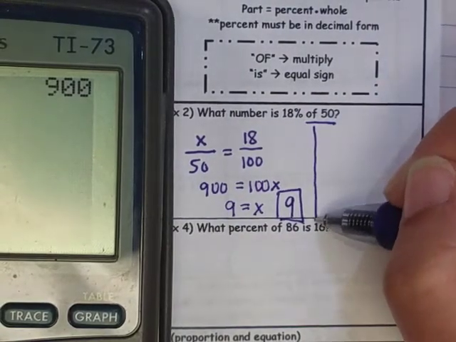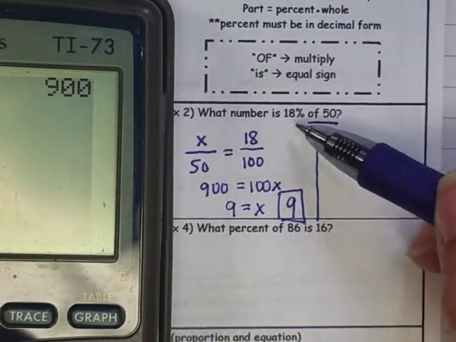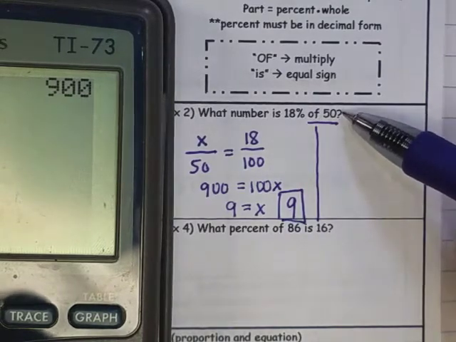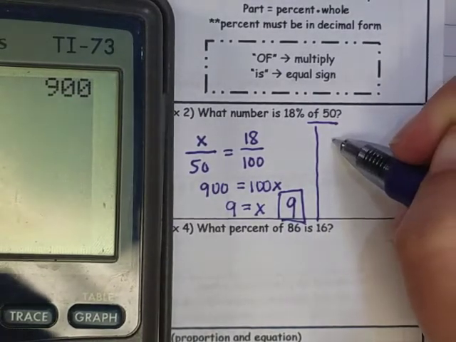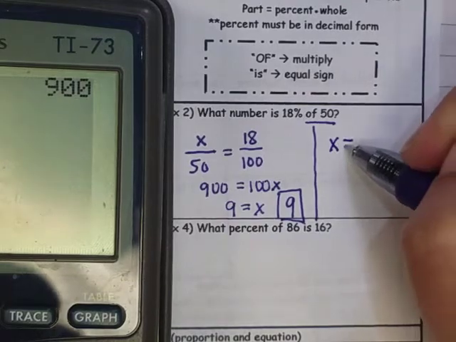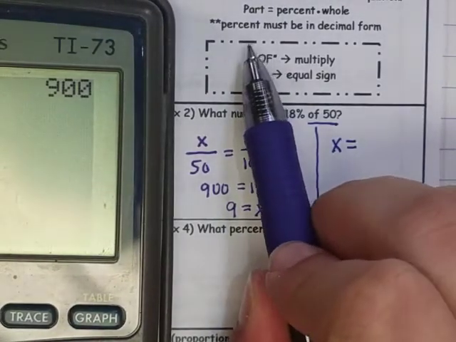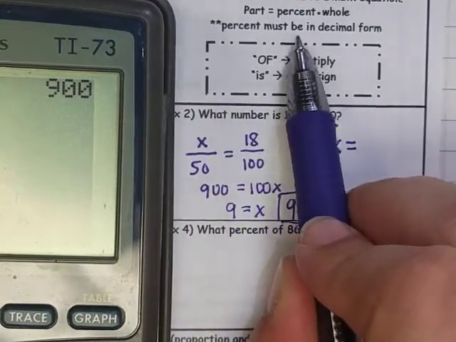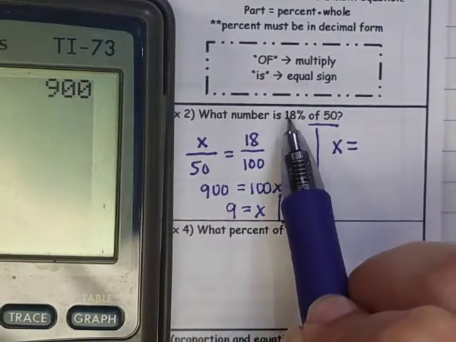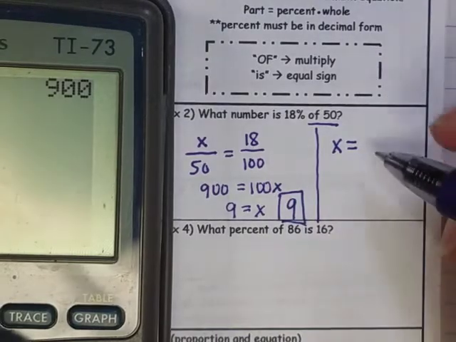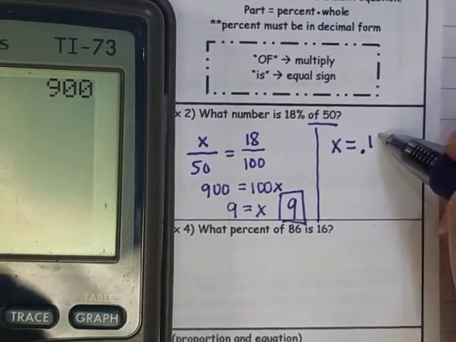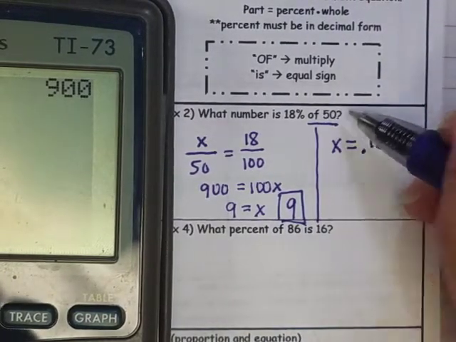Now if we're doing it with the equation, 18% of 50, so we don't know our part, so our part is equal to 18%. So here's where it gets tricky. Go back up to the top, see where it says percent must be in decimal form. So what is 18% as a decimal? 0.18, and that's going to multiply the 50.